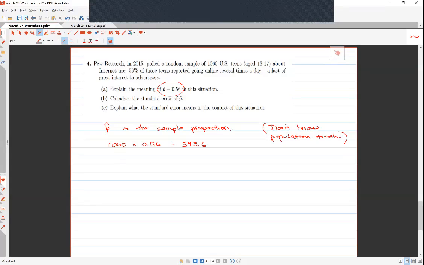Now, this is 593.6, but we can't have a fraction of a teenager. We're not chopping anyone in half. So round to the nearest integer, but this tells us 594 teens in the sample reported going online several times a day.